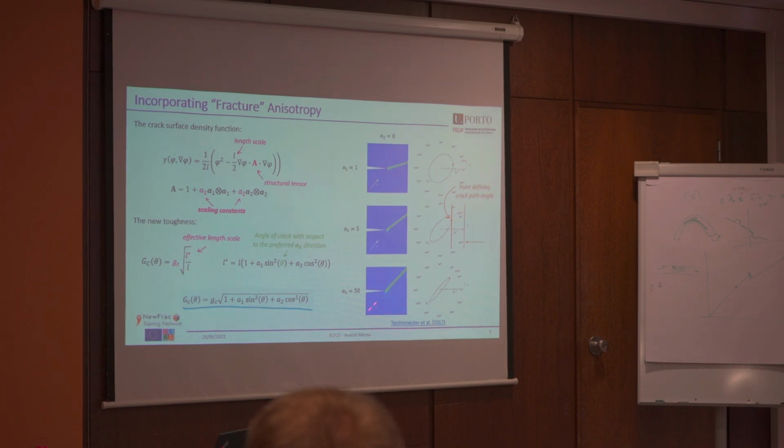And then, if the math is done, you end up having a function for the toughness as a function of the angle theta, which is the angle the crack makes with respect to the preferred direction A1. So if the preferred direction A1 is at 0 degrees, and the crack moves at 45, theta will be 45. And you end up having this function, which can be plotted in the inverse form to give you the crack path, the path that your crack will follow.